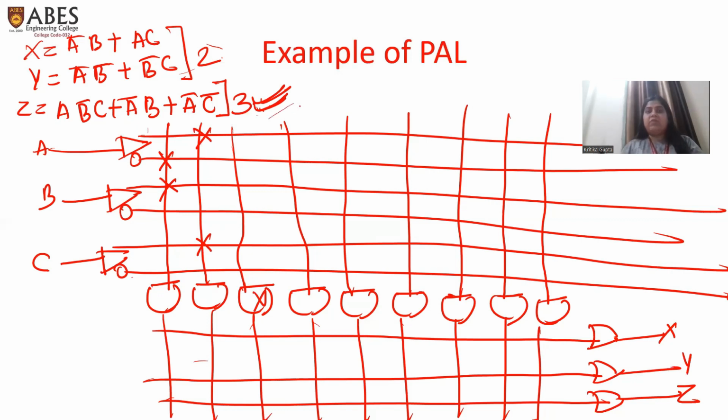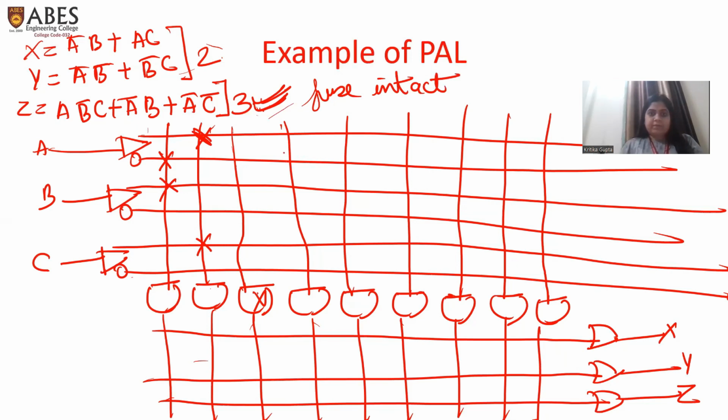There I am using fuse intact. Fuse intact, what does it mean? That I'm not using this AND gate. As you can see here, I'm using a cross. This shows that I'm connecting these lines to this AND gate. But for this AND gate, I'm not using it, so I have disconnected it. This is known as fuse intact.